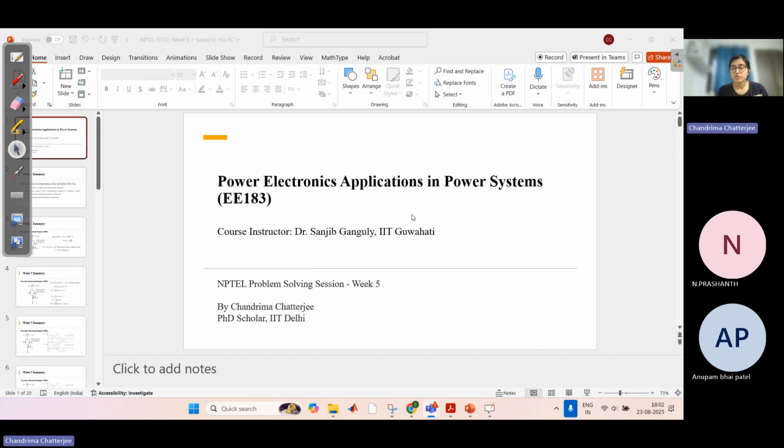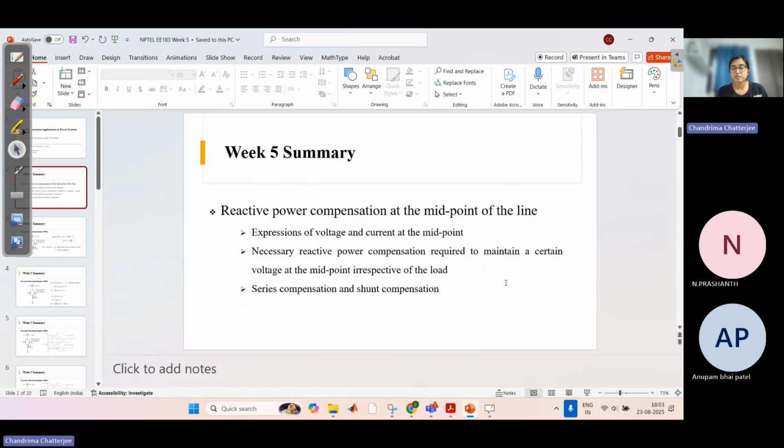So welcome all of you to the fifth tutorial session of Power Electronics Applications in Power Systems. Just to give a brief about last week's discussion: last week we solved some numerical problems on midpoint voltage compensation.